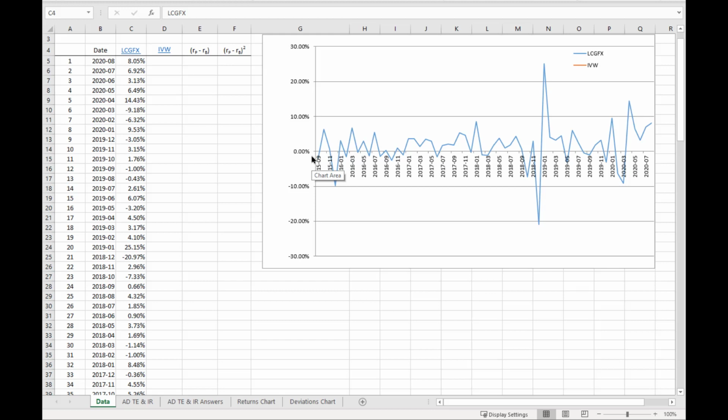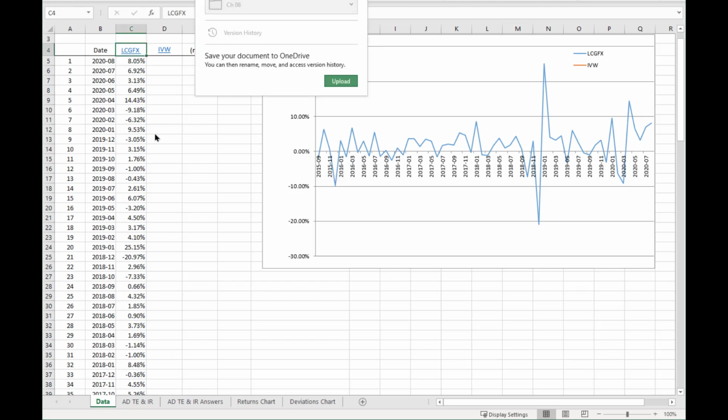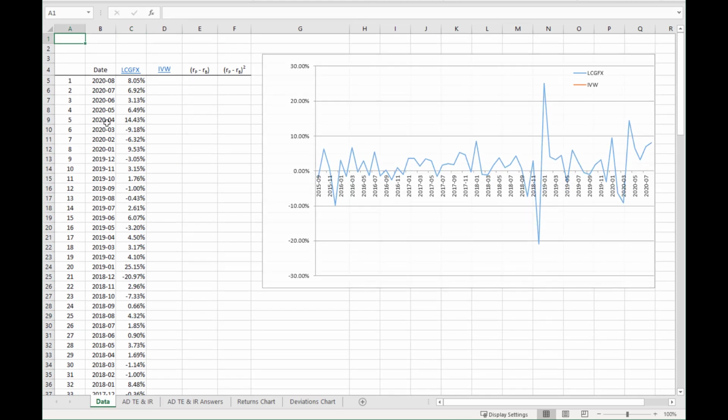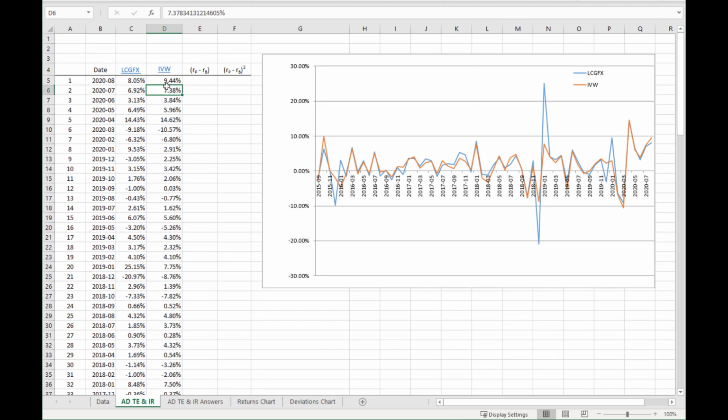And in the column next to it, I have the return for IVW. And IVW is the return to an ETF, an exchange traded fund, and we'll talk about what that is later on, that tracks the S&P 500 large growth index.